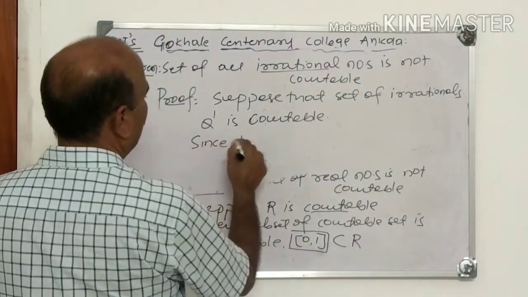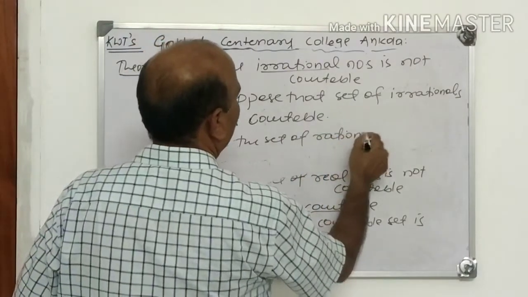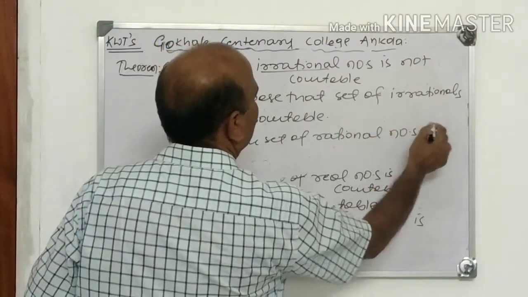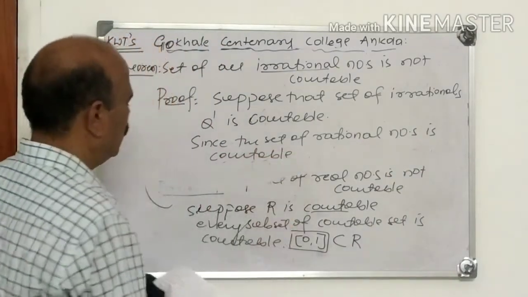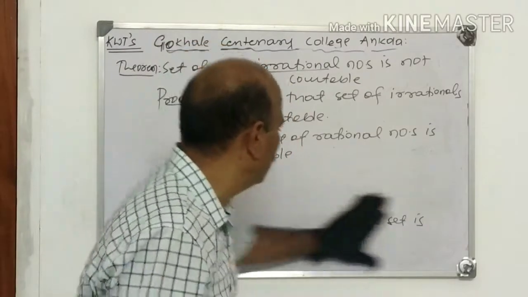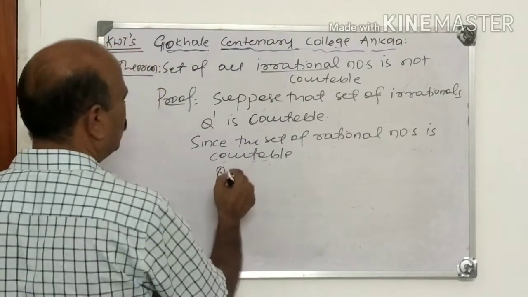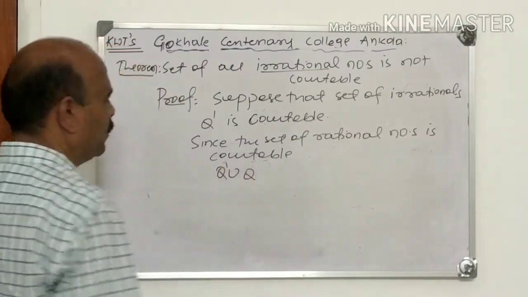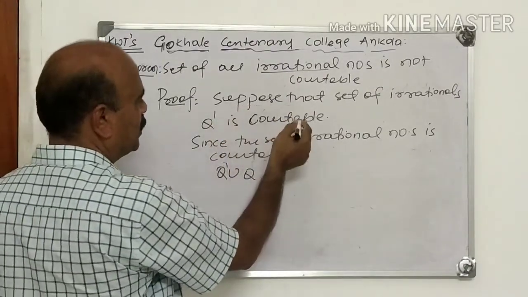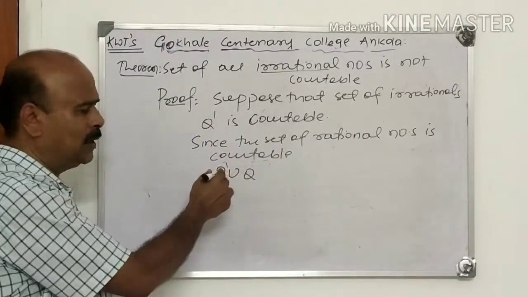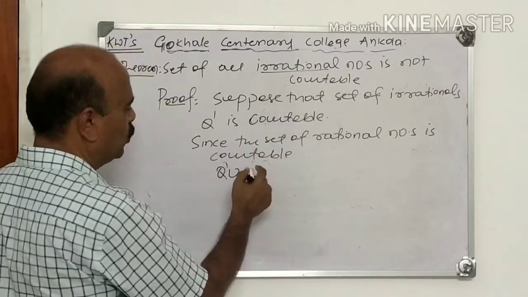Since the set of rational numbers is countable, this we have already proved, and the union of two countable sets is countable, we have proved this also. Here Q dash is the set of irrationals. We have assumed that this is countable. The set of rational numbers is countable. This we have already proved.